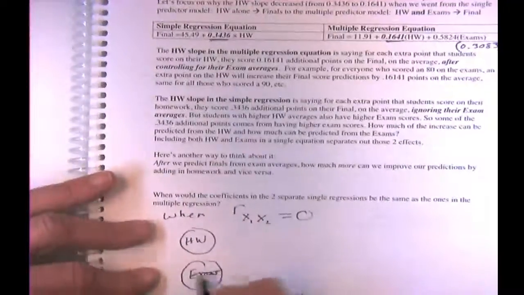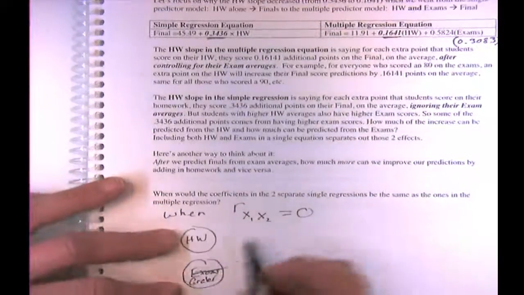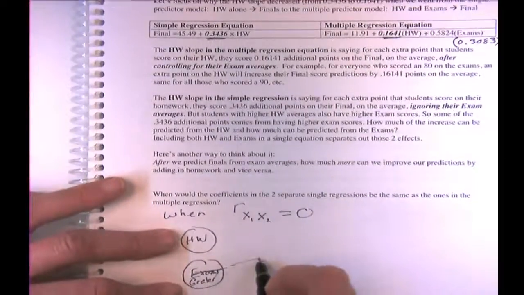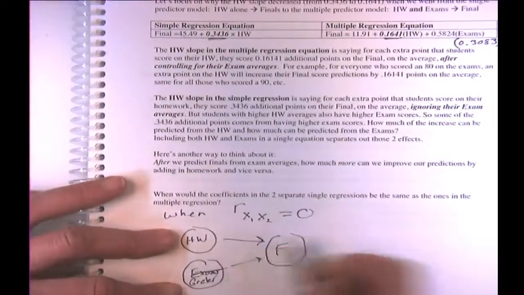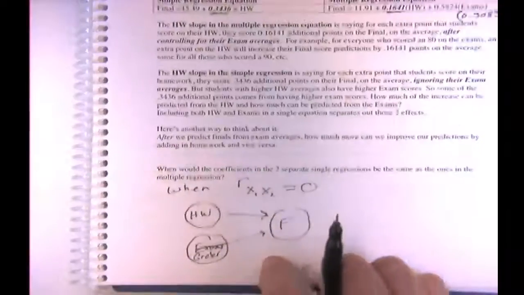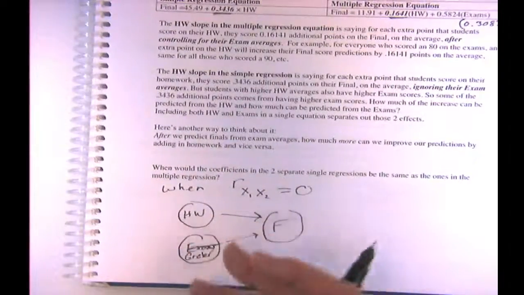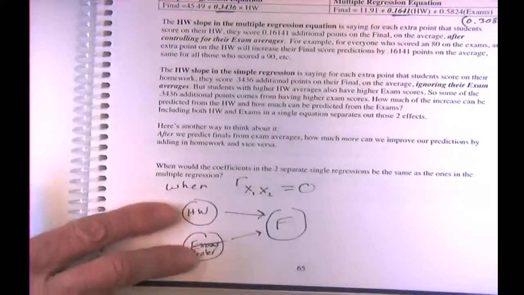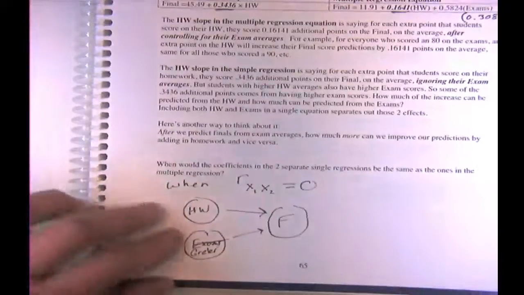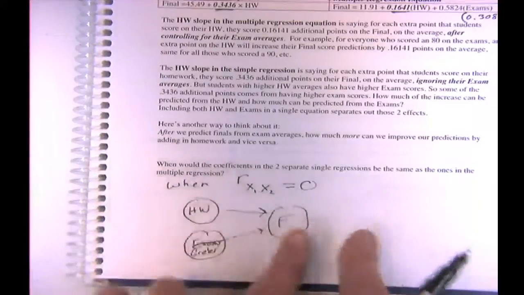So it would be like, okay, which grader you get, the easy grader or the hard grader? And that has an effect on the final. That adds 2 points to the final. And this has an effect on the final, and they don't overlap at all. They're not correlated with each other, so you would keep the same exact slopes in the simple regressions as you do in the multiple.